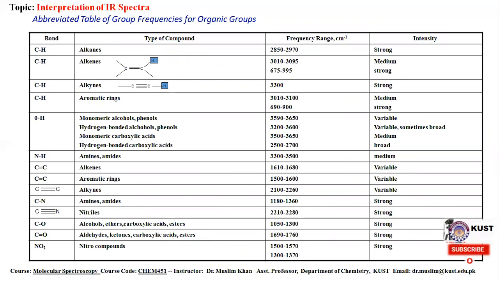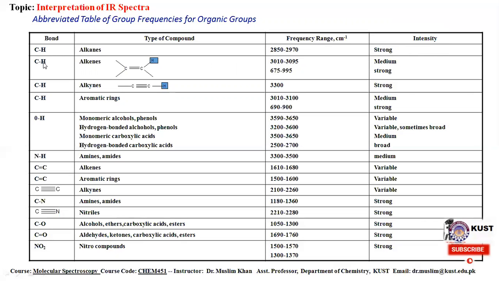So here is the bond. Here you can see the carbon-hydrogen bond in an alkane. This usually shows in the frequency range of 2850 to 2970, and this usually shows a very strong band.